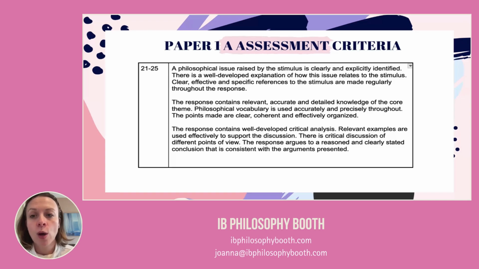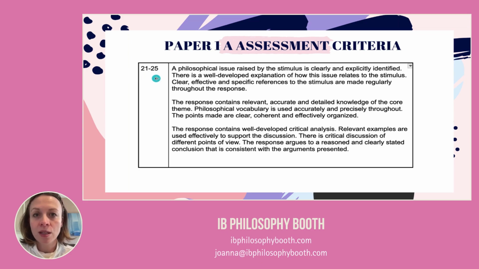Okay, so just going to have a quick look at the Paper 1A assessment criteria. Obviously, the structure of your essay alone is not going to be enough to put you in the top band, but if you have a good structure, it can help set you up for success by giving you a place for the essential ingredients that you need.